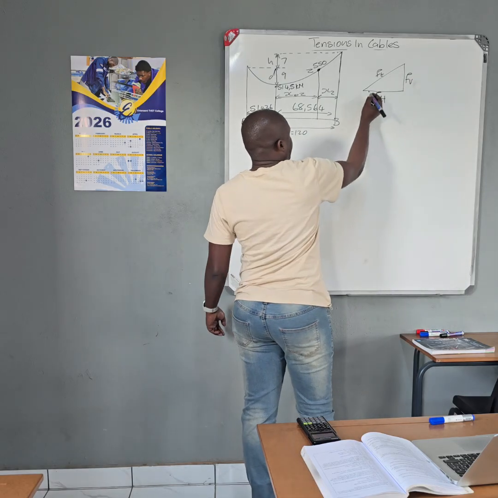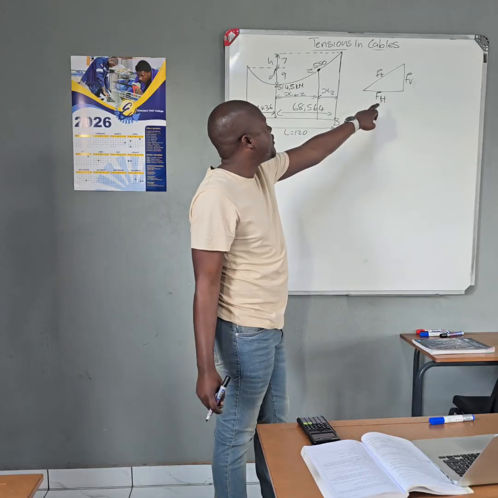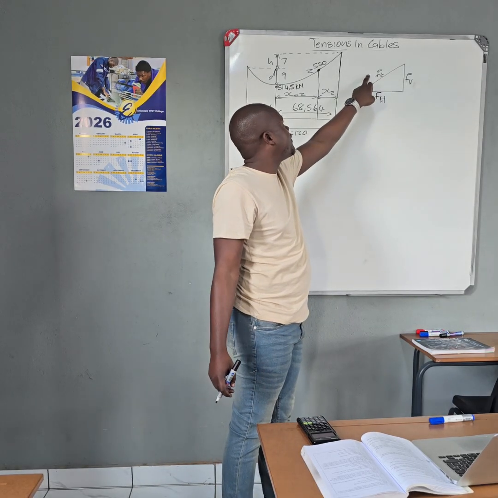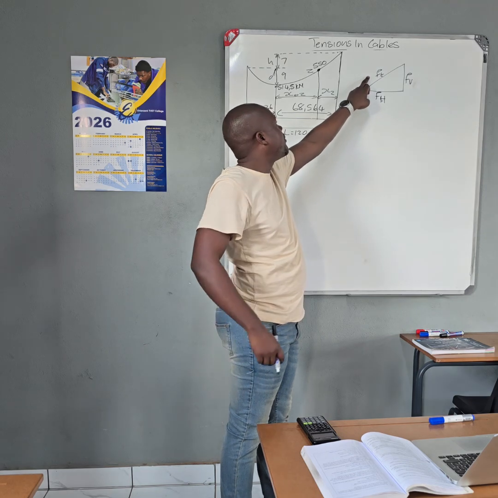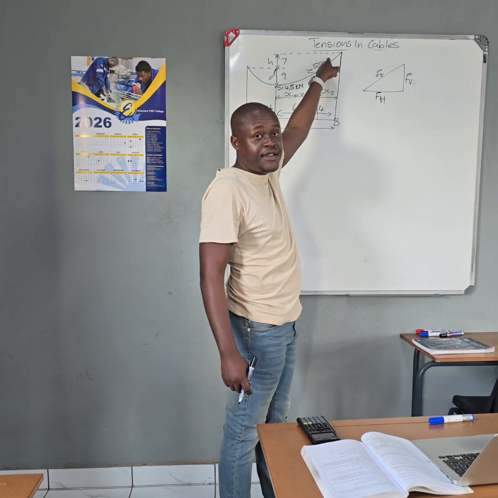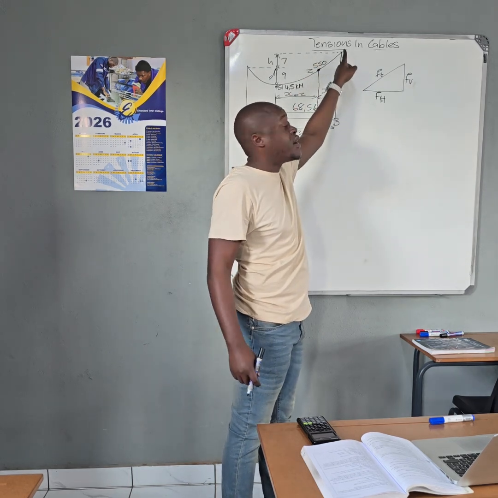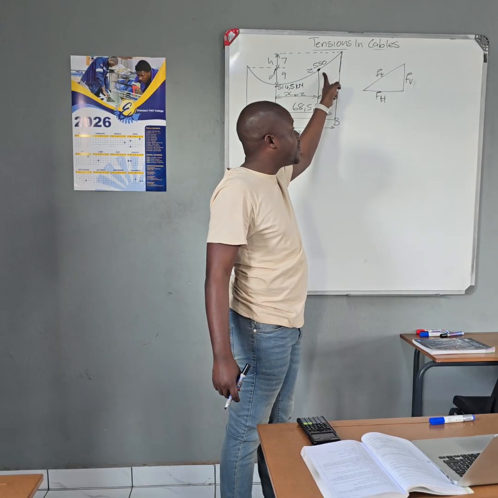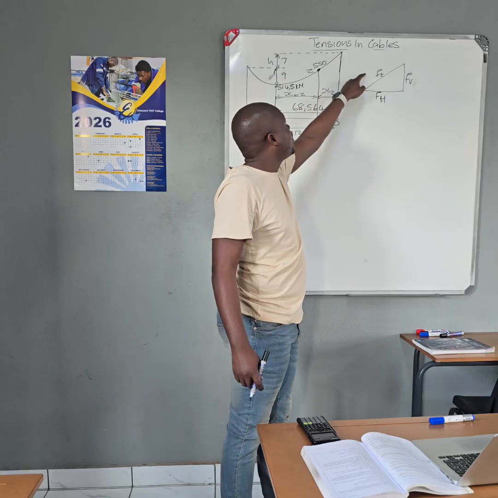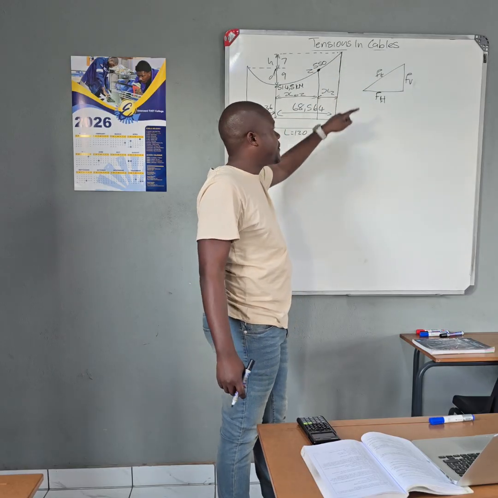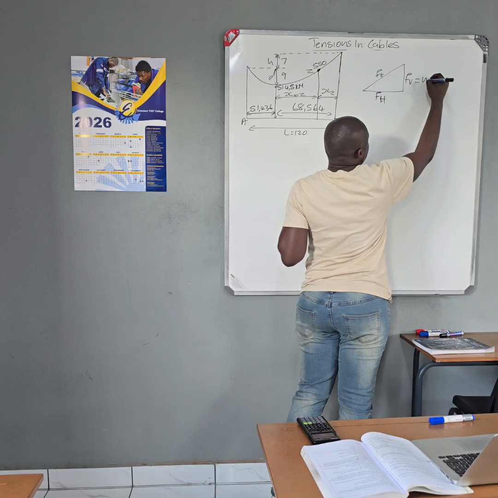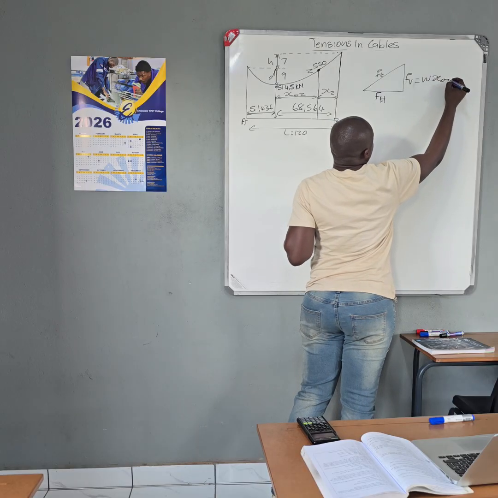Remember, our FT is equal to 550. Now, we no longer use the other FT because we are talking about this point here. So at this point, FT is 550. Do not use the other FT. Okay? So on this triangle, we are saying that FV is equal to WXOZ.